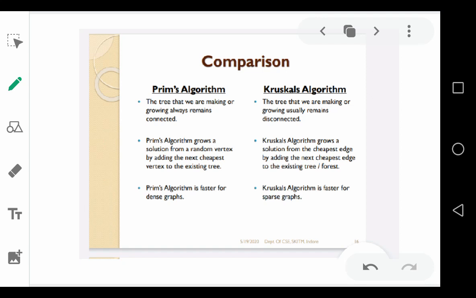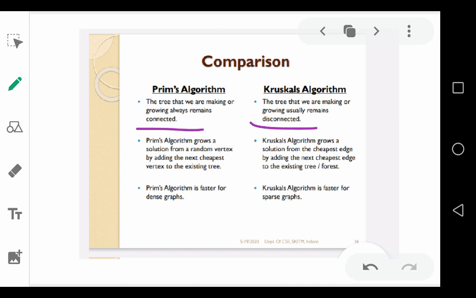In Prim's algorithm, the tree that we are making or growing always remains connected. In Kruskal's algorithm, the tree that we are making or growing usually remains disconnected. How is it disconnected? Because we are not choosing the minimum weight edge that should be adjacent. So that's why it is disconnected.